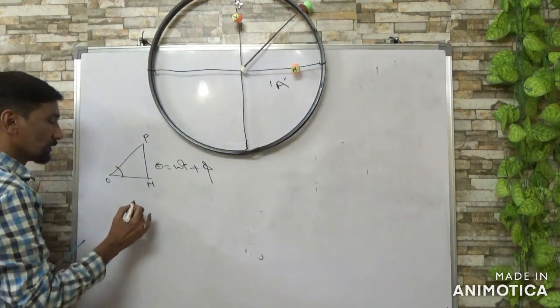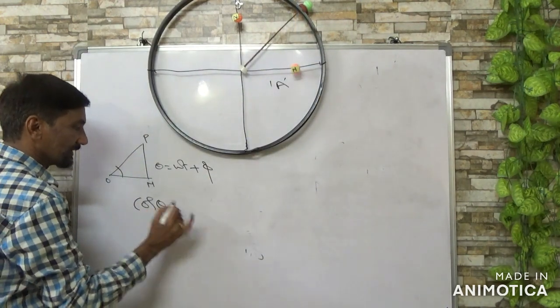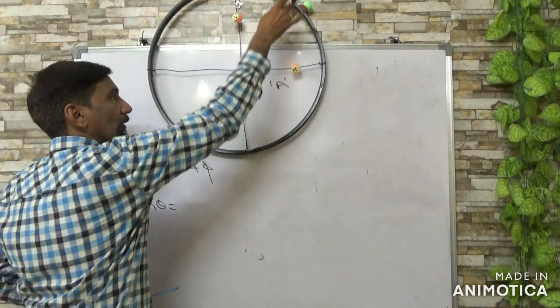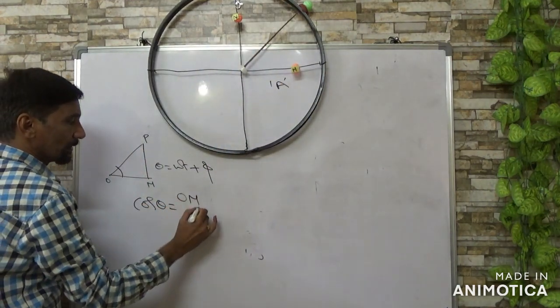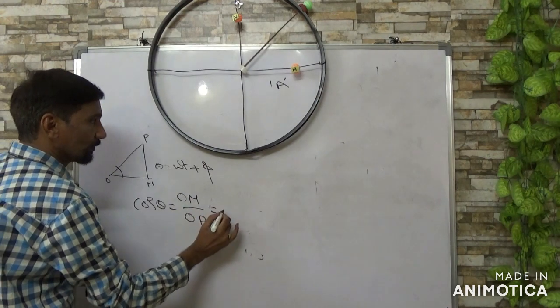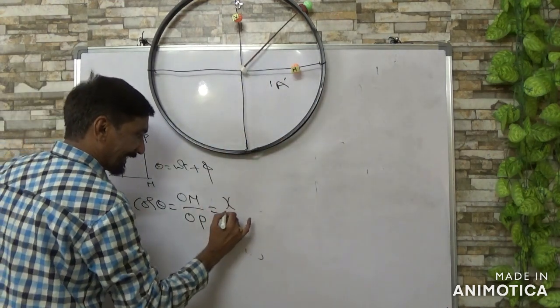Cos theta is equal to adjacent by hypotenuse. So you can take OM by OP. OM, take it as x.